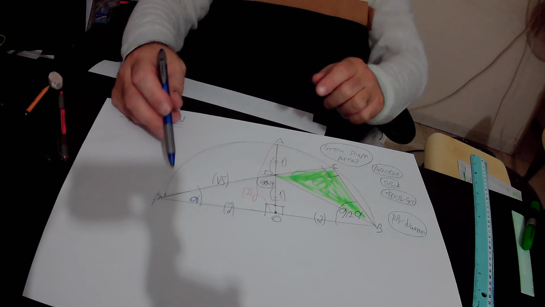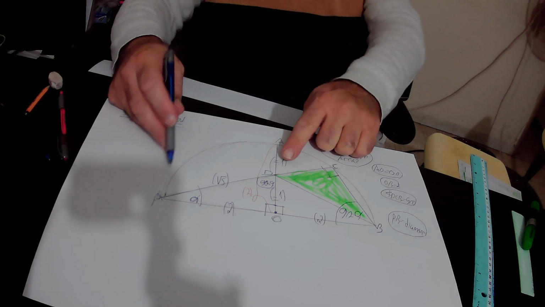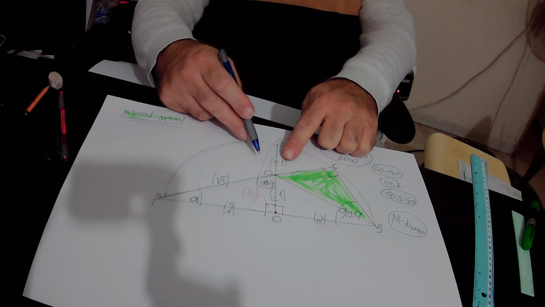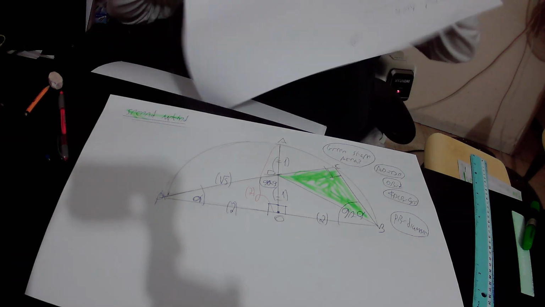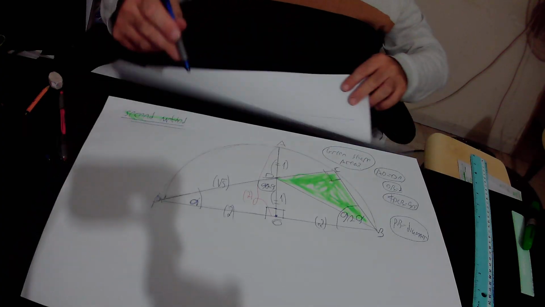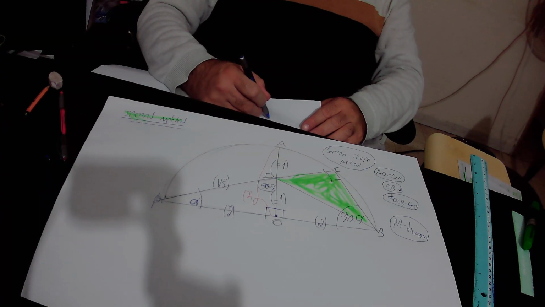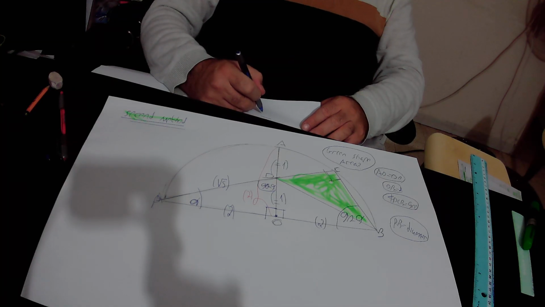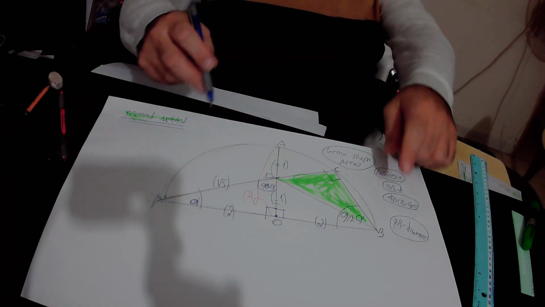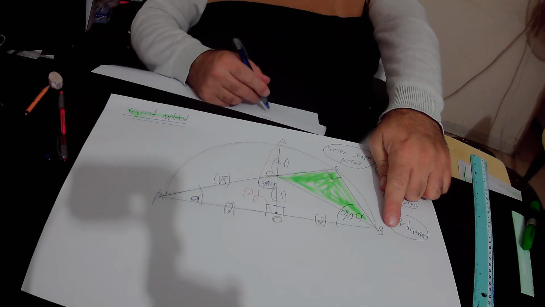PD is equal to square root of 5 over PB. PB in total is 2 plus 2, that is 4.